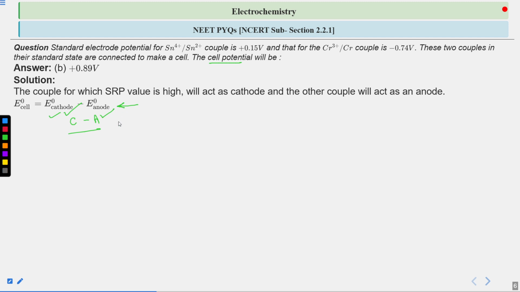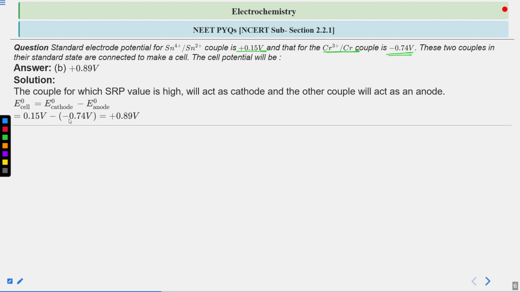The simple task in this question is to identify which couple is going to act as the cathode and which as the anode. Once that is clear, you apply this formula and put in the values. E of cathode, for tin, is 0.15 volt, minus E of anode, for chromium, minus 0.74 volt.